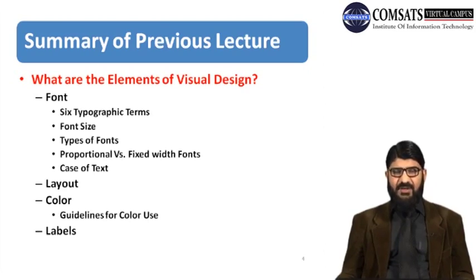Use the color scheme to show different statuses to the user. And we have seen the primary and secondary colors. At the end of the lecture, we discussed labels: what a label is and how it is used for the visual form object.